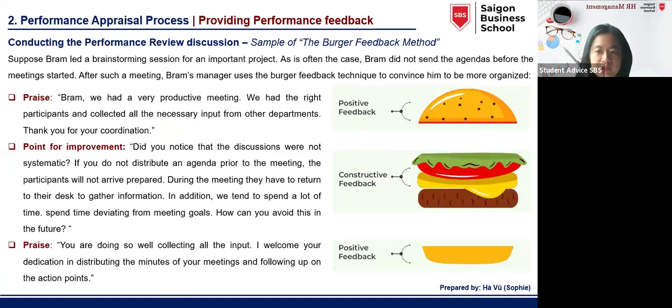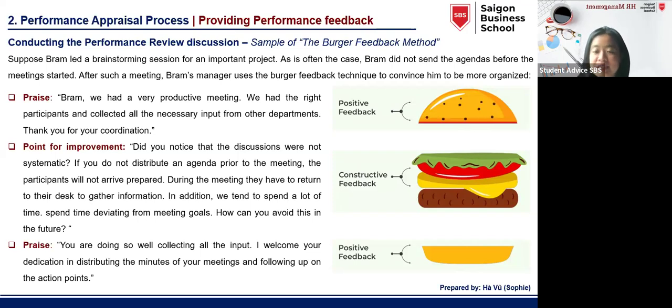So this method involves 3 key steps. Firstly, start with a positive remark, including a specific compliment or comment. This step will help the recipient feel appreciated and valued, setting a positive tone. It will create an atmosphere in which the person is more open to receiving constructive criticism.